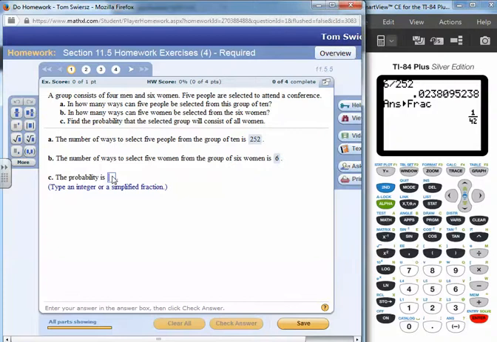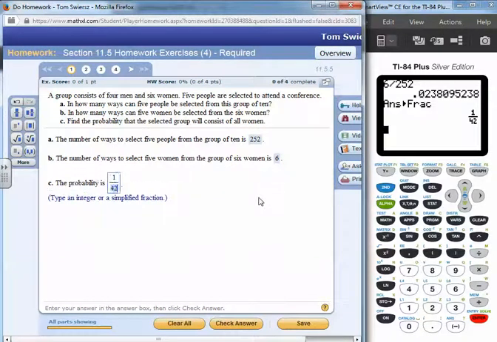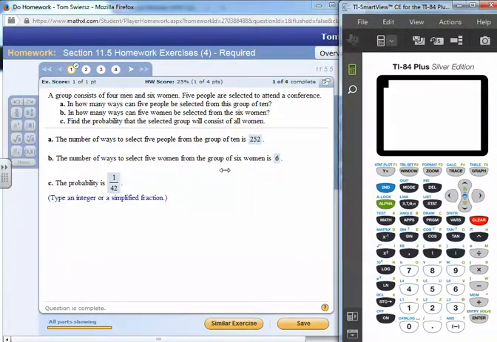And so actually the fraction reduces to 1 over 42. Okay? So I guess 6 goes into 6 once, 6 goes into 252 42 times. That's how you'd reduce it, paper and pencil. All right, very good.